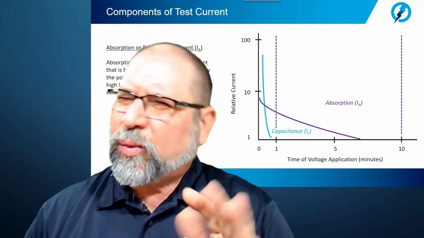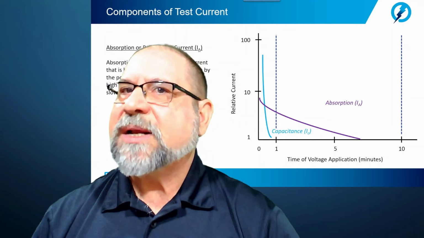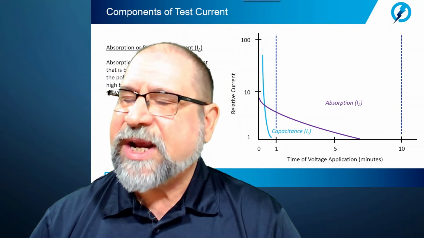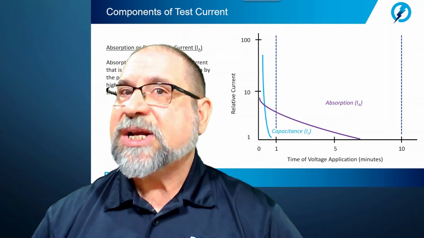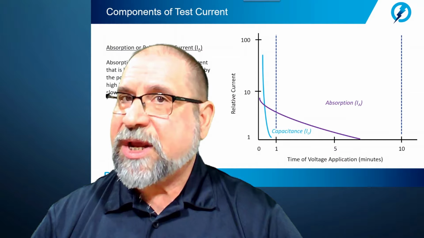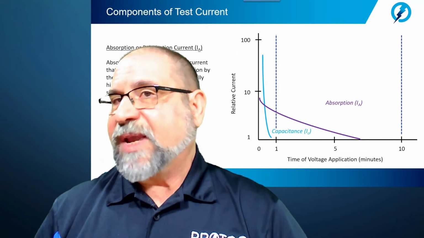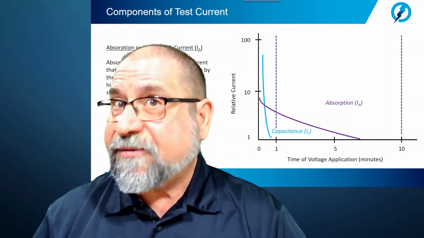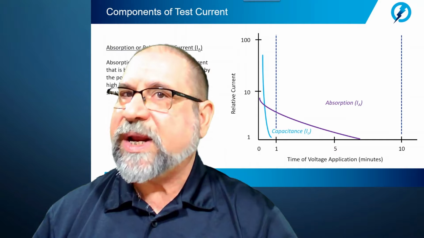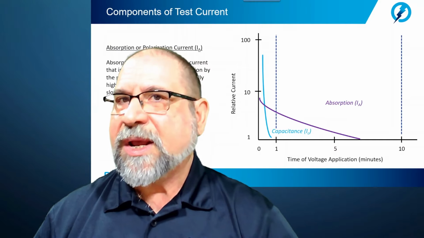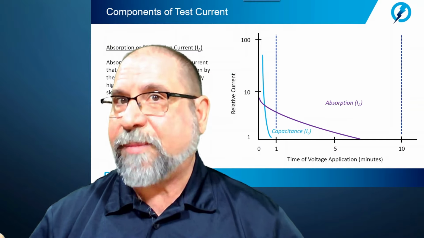So the old rule of thumb of one minute does not always apply in these situations. It may take much longer than 60 seconds to overcome the charging current and the absorption current. In many cases, it can take several minutes before you actually get a stabilized reading on the megohmmeter. So watch for that when testing devices with large capacitance.